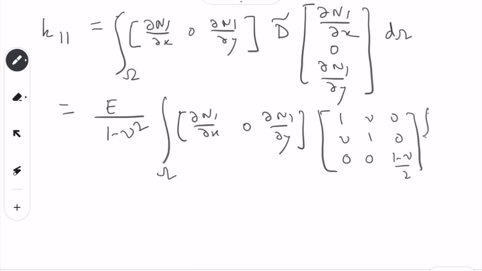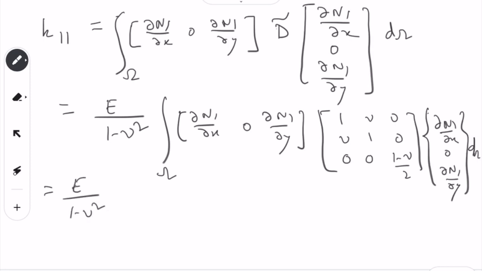And then here we have del n1 over del x, 0, del n1 over del y, and d omega, is equal to E over 1 minus nu square. I will still write omega. Now let's multiply it.